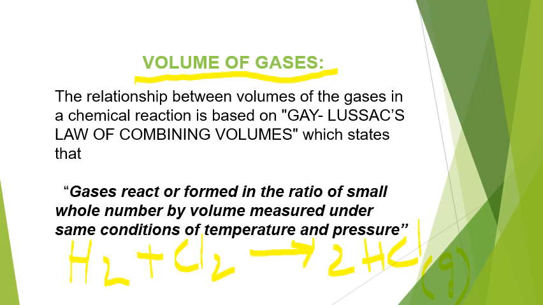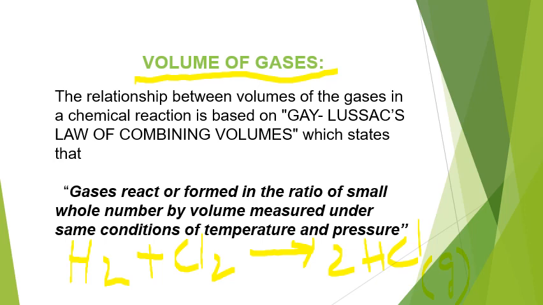Now according to the equation, you will say 1 volume of hydrogen, not a fraction but a whole number, reacts with 1 volume of chlorine to produce 2 volumes of HCl. And I use the term 22.414 dm cube as a standard, which is taken at STP.